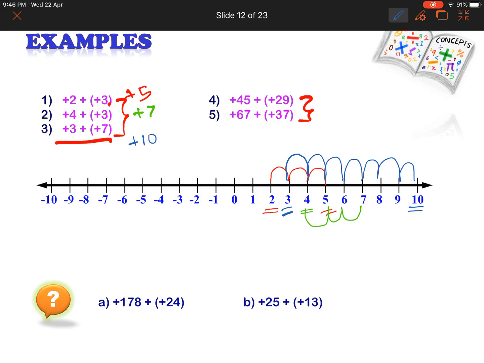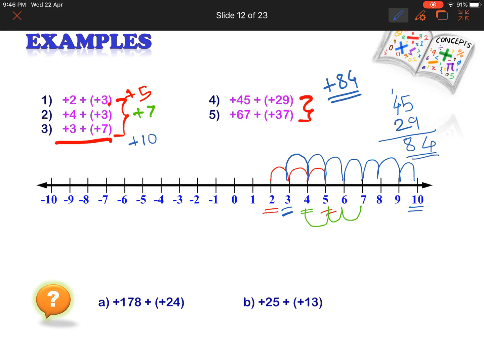Okay, now the next example is plus 45 plus 29. The absolute value of plus 45 is 45, the absolute value of plus 29 is 29, which gives us 84, and then we give a positive sign to the answer. If you write it as 84, even that is fine, because any number without a sign is considered to be positive.